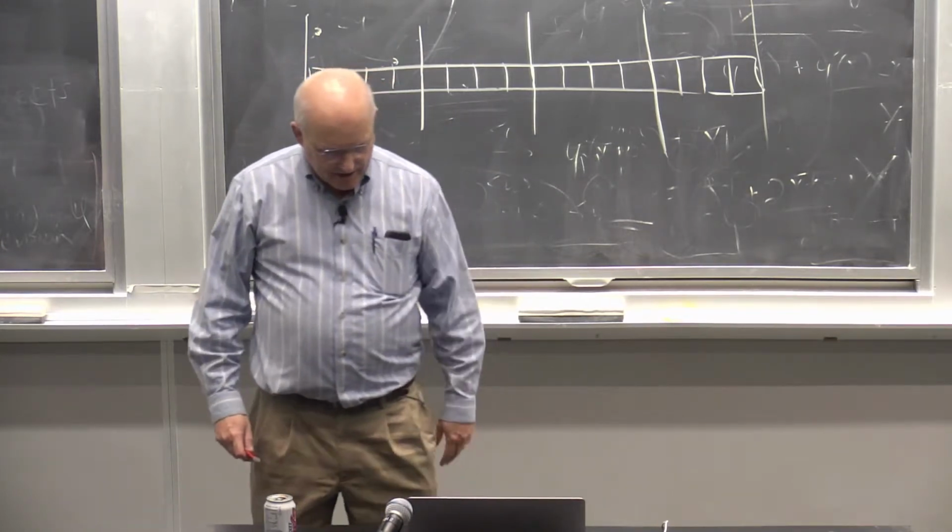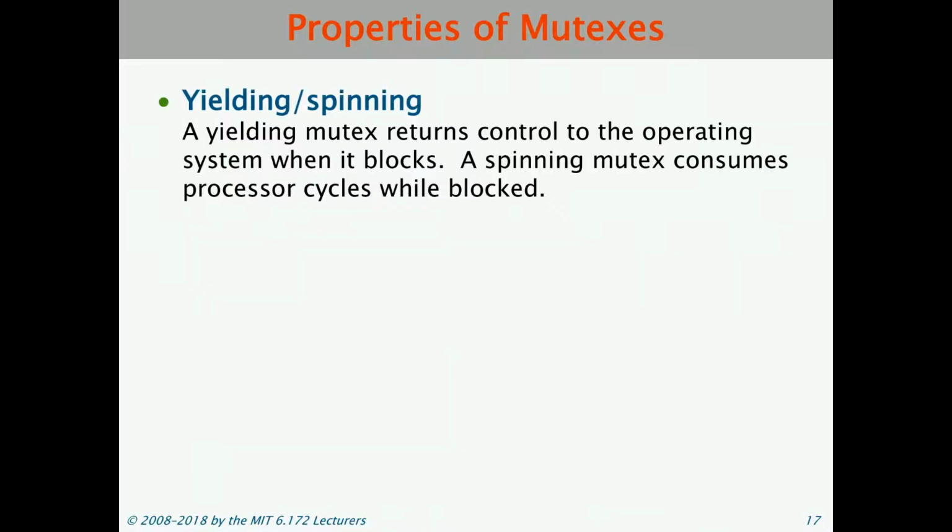So let's talk about how mutexes work. First of all, there are lots of different mutexes. If you look at an operating system, they may have half a dozen or more different locks that can provide mutual exclusion, or parameters that can be set for what kind of mutexes.